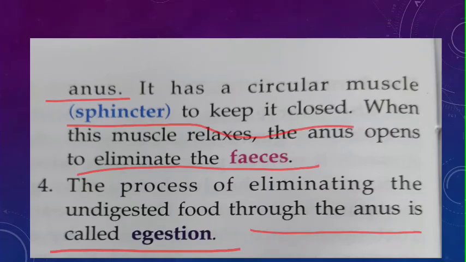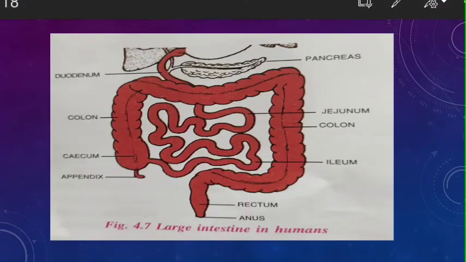Egestion. Okay. So you can see here the diagram of the large intestine. Pancreas is here, duodenum is here, then the colon, cecum and rectum. These are the three parts of the large intestine.